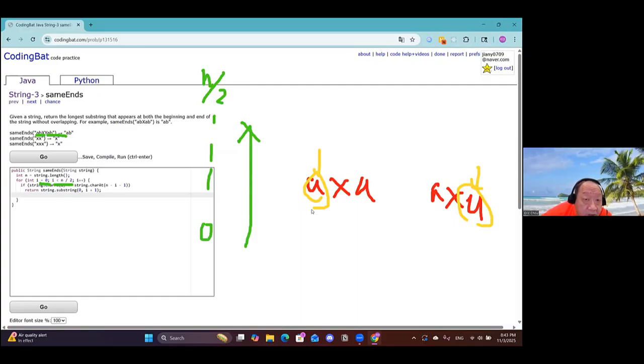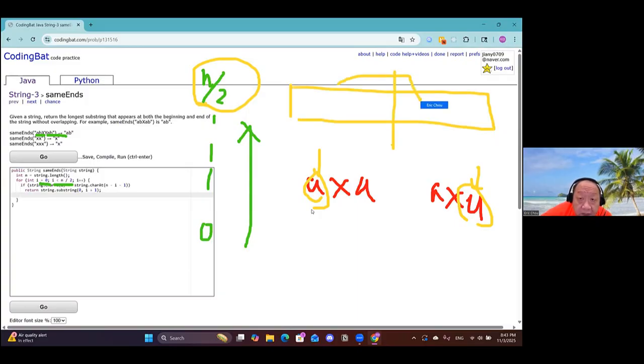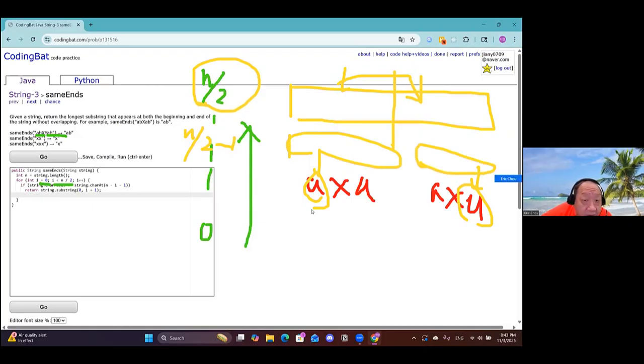What you need to do is compare a pattern. So right here you start by comparing half, whether they are the same or not. If not, you try to compare n divided by 2 minus 1 from the start and from the end. Go from the bigger one to the smaller one, then you get the longest substring.